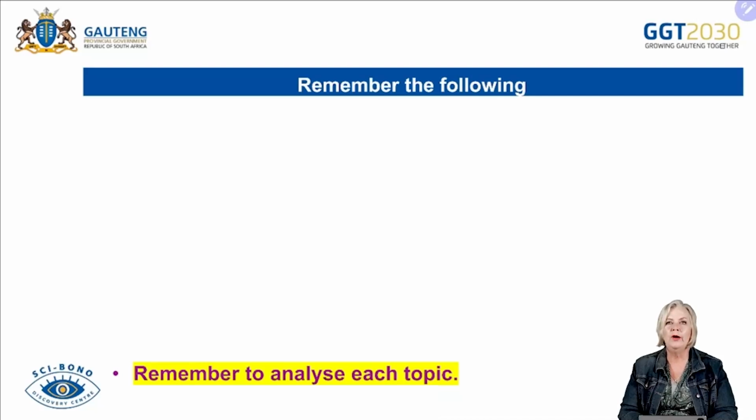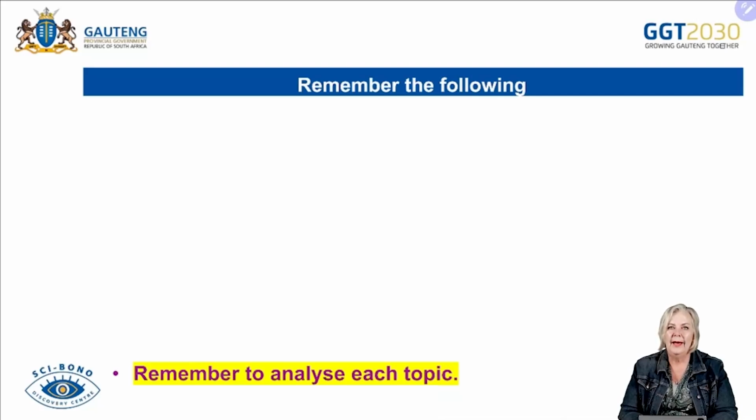It is a working document, so use it. It doesn't have to go back home all neatly, or go back to the school, or go back to the class all neatly. You must work on it.